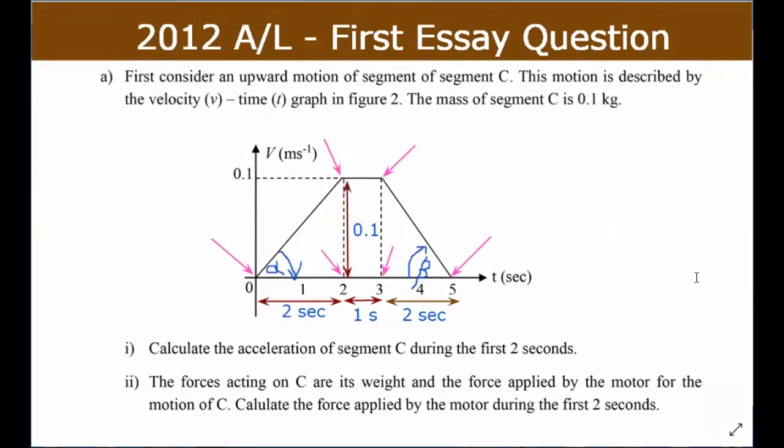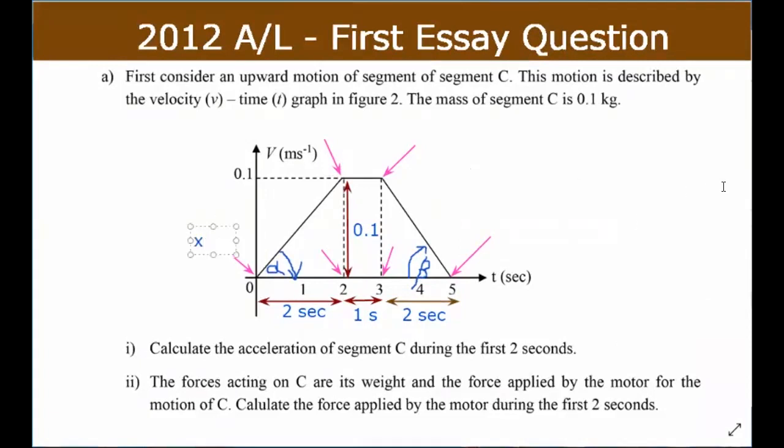I have asked you to name the first triangle as X, Y, Z. This is X, Y, and finally Z.